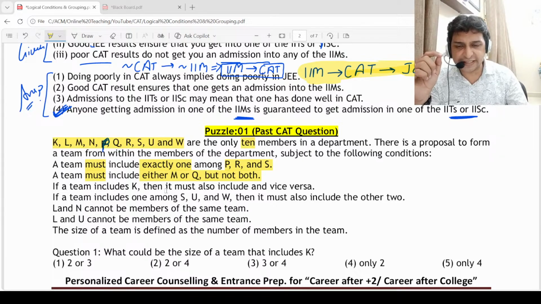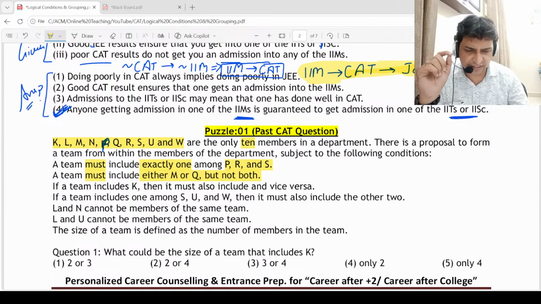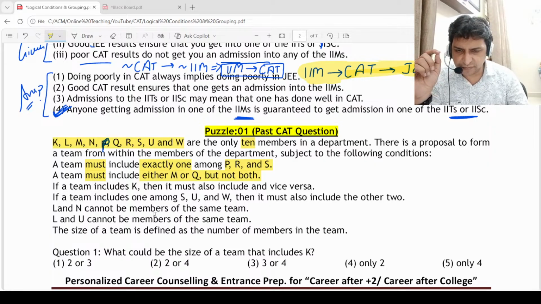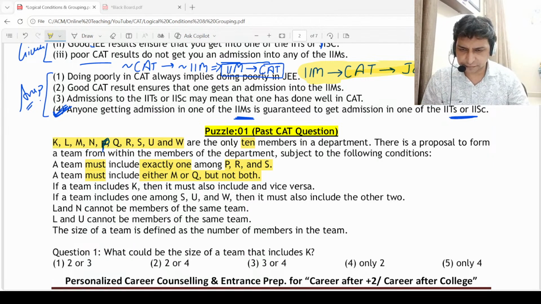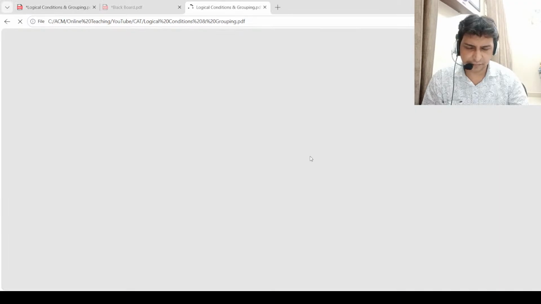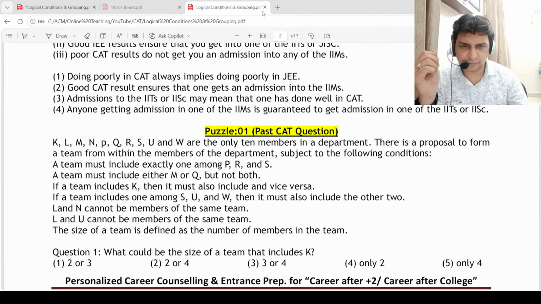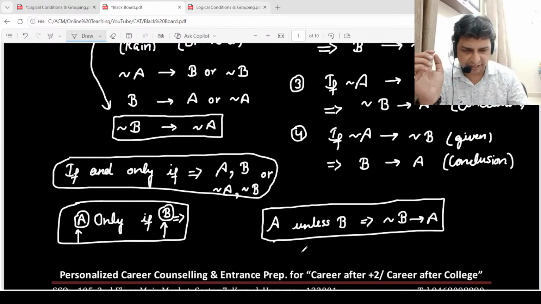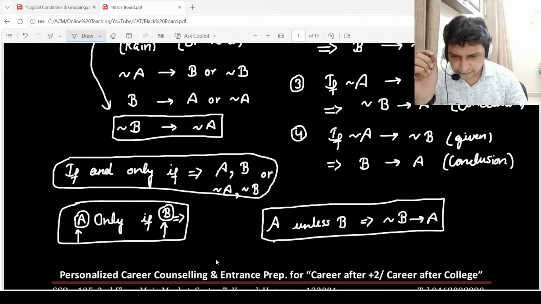If a team includes K, then it must also include L, and vice versa. I think there is a missing part in the problem. Let me check in the master sheet, because there should be a name given to us here.